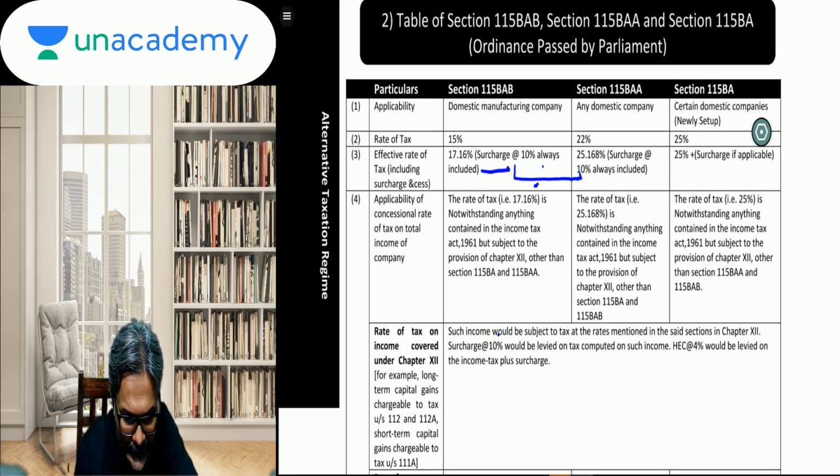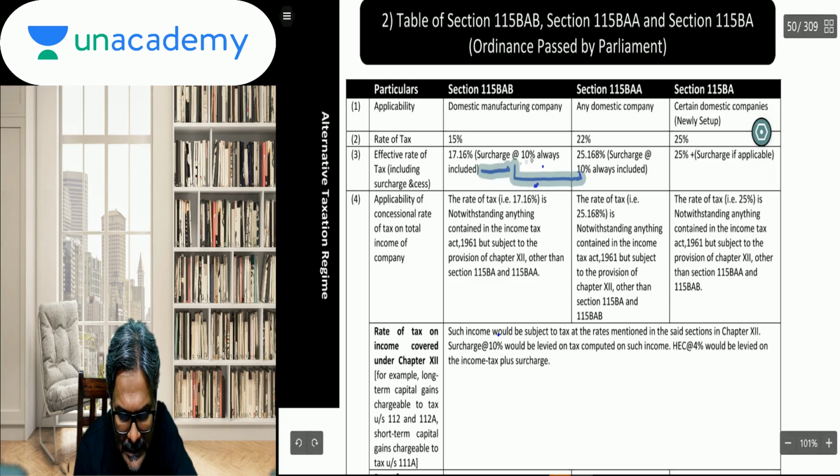Now students, I can give you a mandate from where the surcharge gets loaded. So the surcharge gets loaded in these two cases through the Finance Act 2020, and in the Finance Act 2020 section 2 subsection 3.